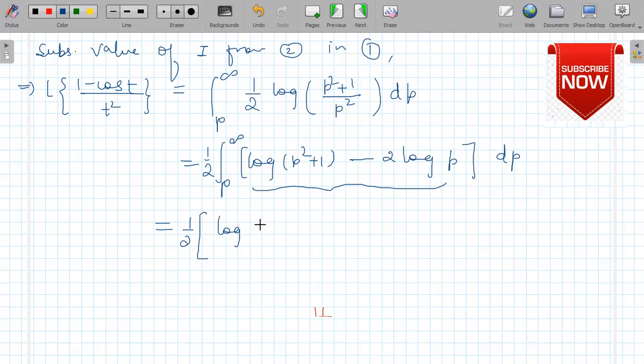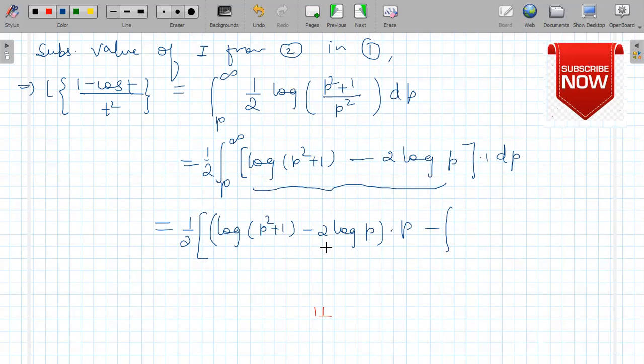Log of p square plus 1 minus 2 log p, this is first function, into integral of second function. Second function is 1 here. The integration of 1 with respect to p is p, minus integral of differentiation of this whole.